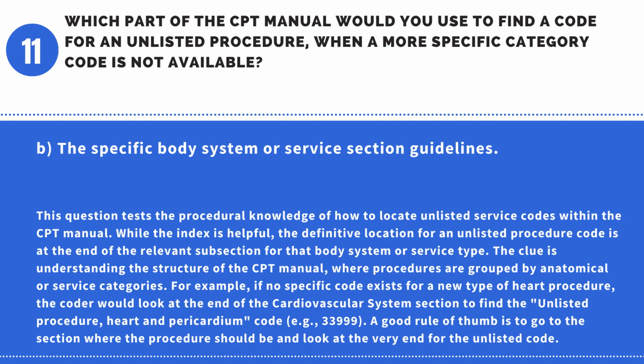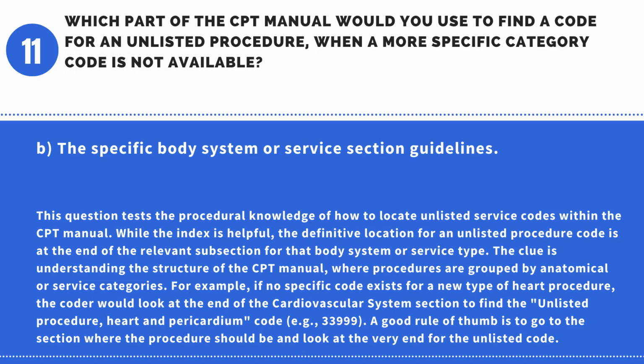This question tests the procedural knowledge of how to locate unlisted service codes within the CPT manual. While the index is helpful, the definitive location for an unlisted procedure code is at the end of the relevant subsection for that body system or service type. The clue is understanding the structure of the CPT manual, where procedures are grouped by anatomical or service categories.